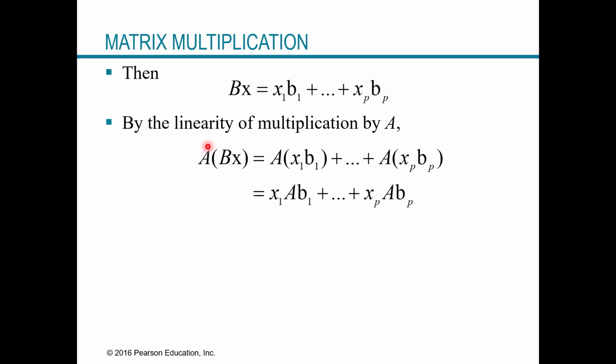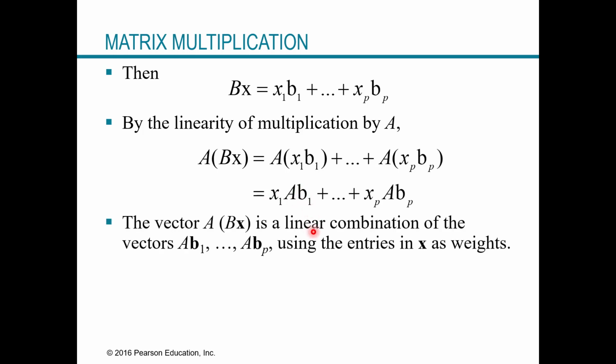And then we've seen this before, by the linearity of multiplication of A, we can just say each of those results times A, which just becomes X1, entry 1 of X, times matrix A, times vector B1, and so on. And so this is just a linear combination of the vectors A times B1, A times B2, and so on, using the entries in X as the weights.